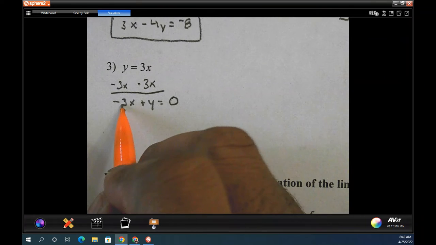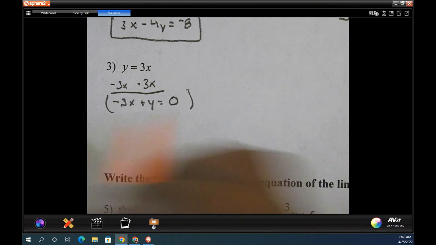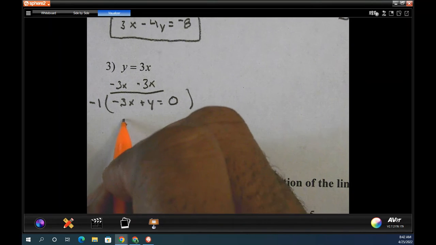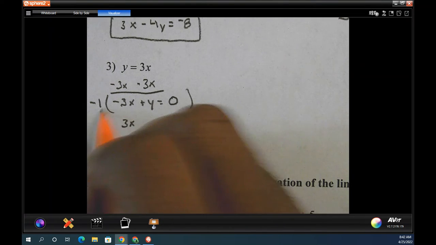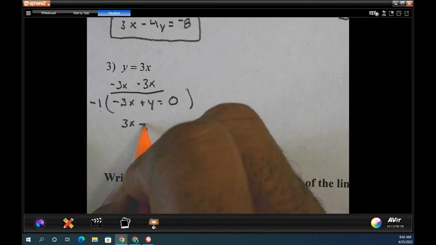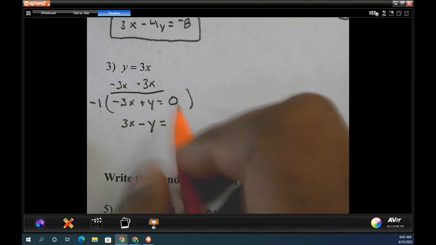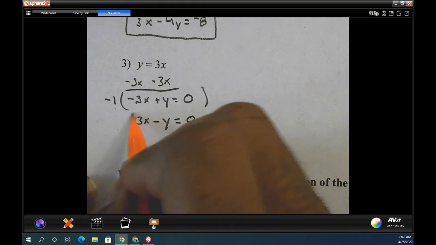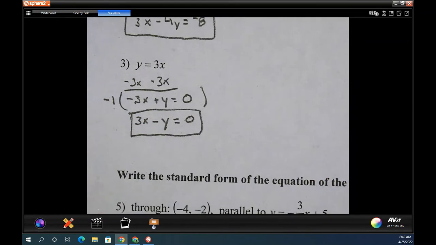Now, it's a negative. When it's not a fraction, just multiply by negative 1. So that makes it 3x. Negative 1 times y is just negative 1y, so we can write it as minus y. Negative 1 times 0 is still 0. There's your answer right there.